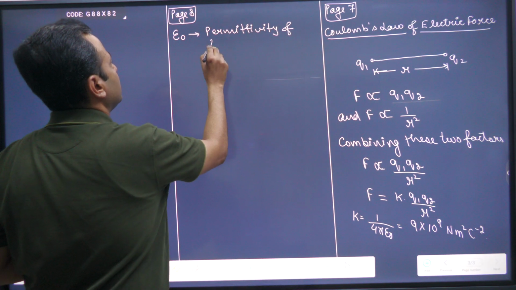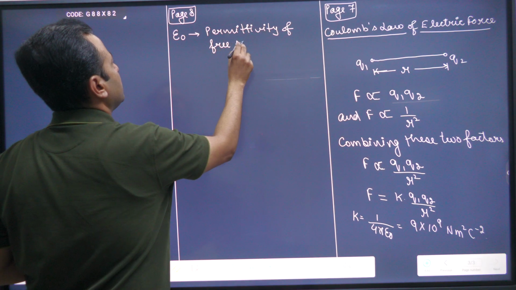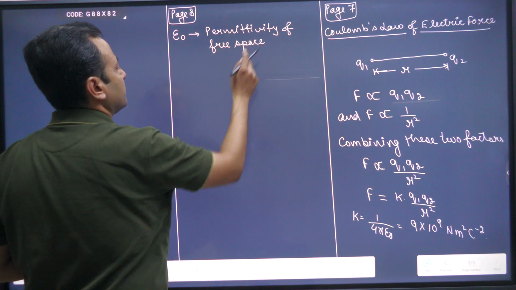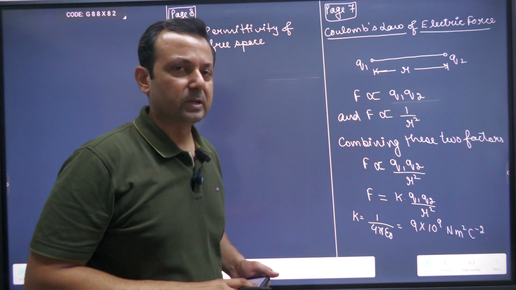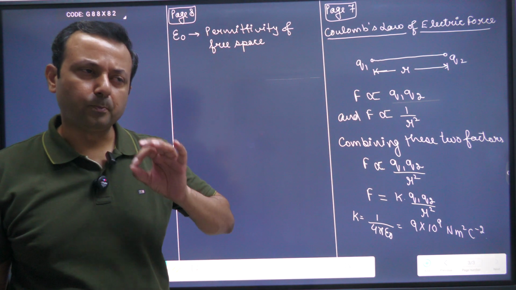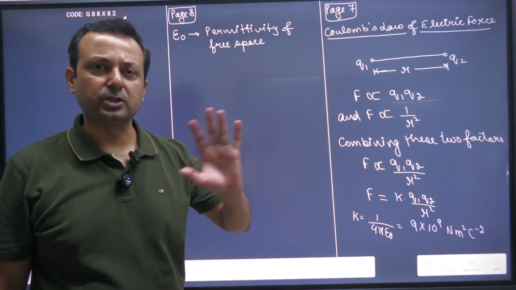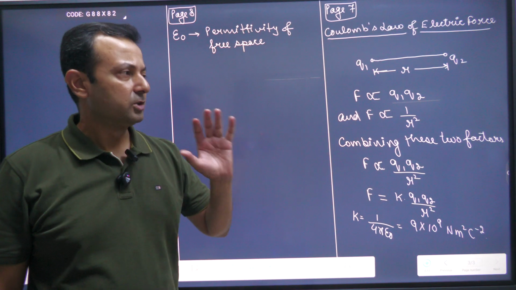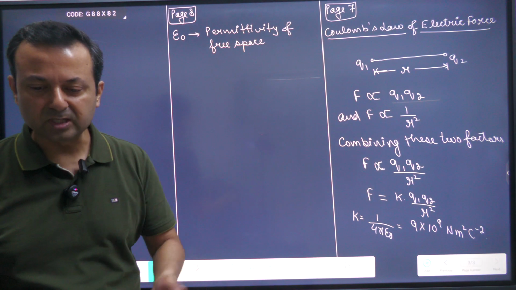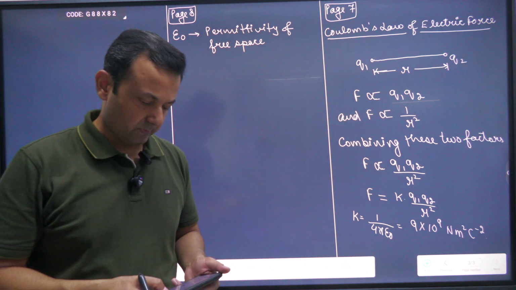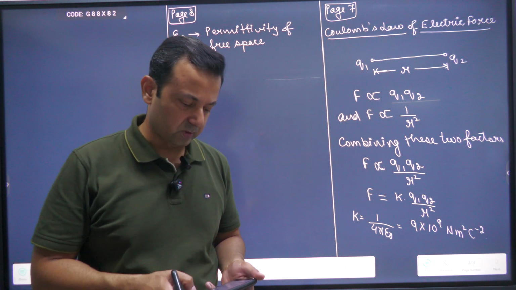Okay, so permittivity of free space. What is this permittivity? It means how much free space permits the charges to flow through it. Permittivity means permission. Epsilon naught is called the permittivity of free space.